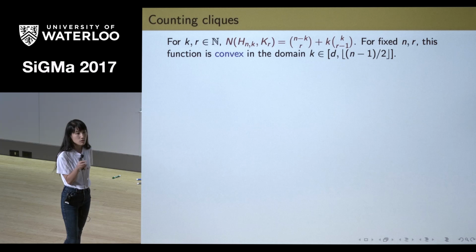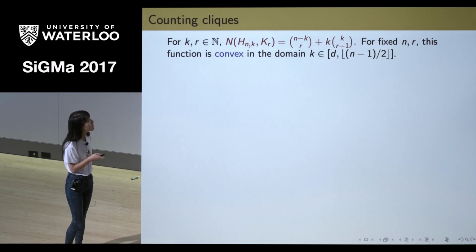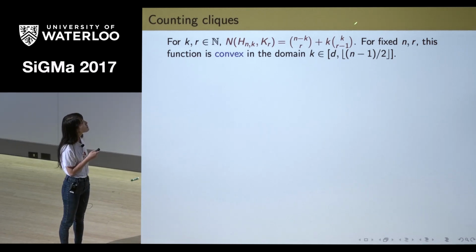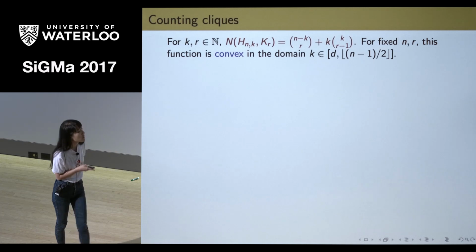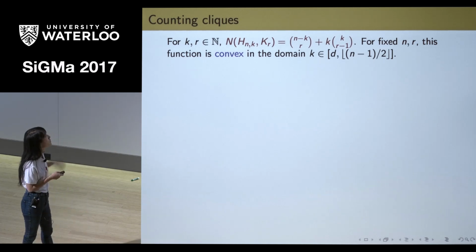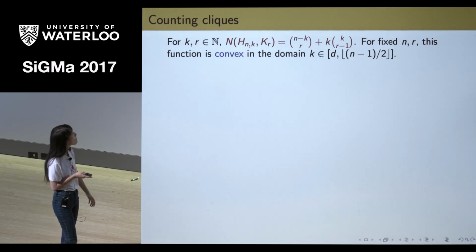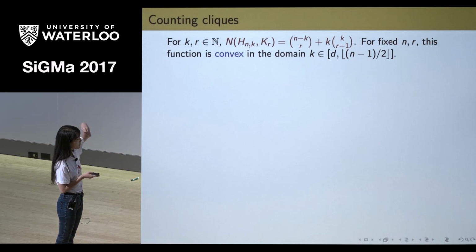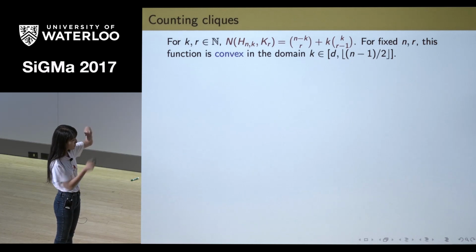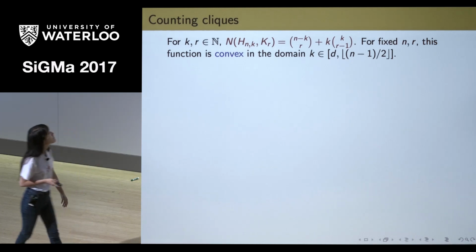We have k vertices with degree exactly k, and each one of those is in k choose r minus 1 copies of K_r. Okay, so this is the exact number. And so again, this function is convex in k, so it's actually decreasing for most of the time as k is increasing.